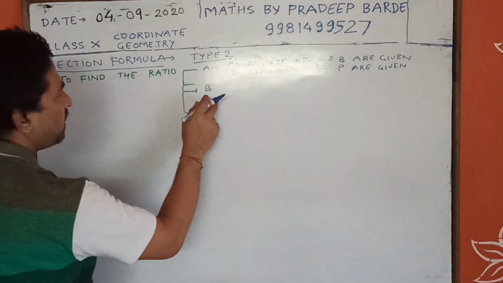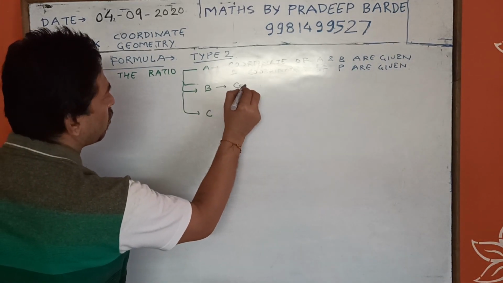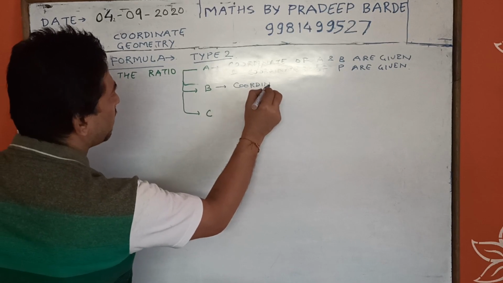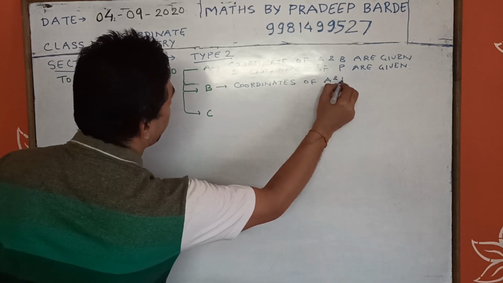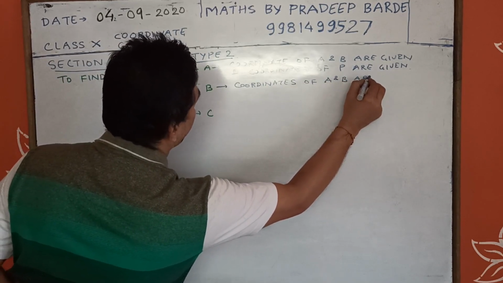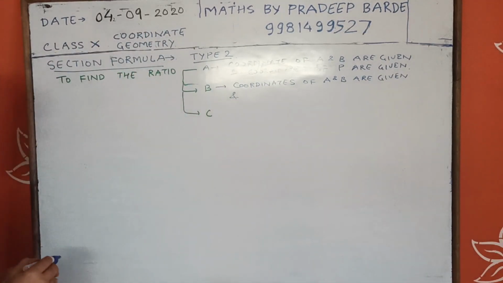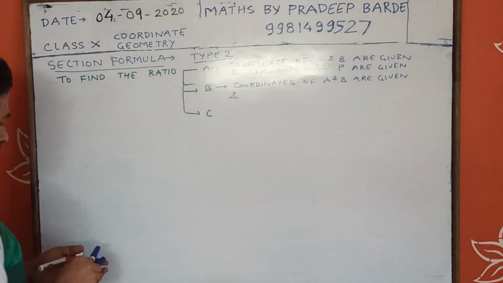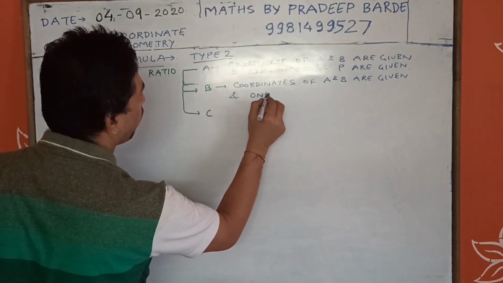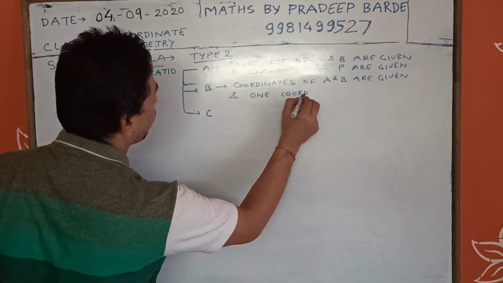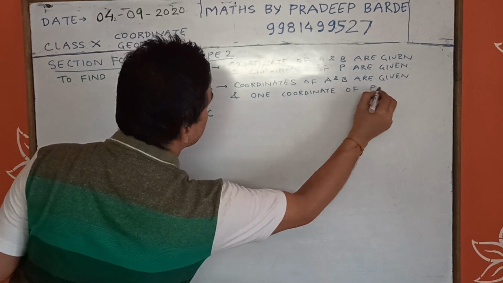In type B, we'll be considering here again coordinates of A and B are given, and one coordinate of P is given.